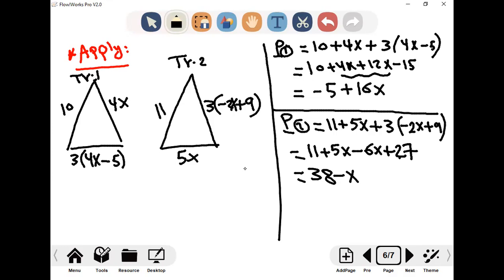Then which triangle has the greater perimeter if x equals 3. If x equals 3, they want us to know which triangle has the greater perimeter. So how do we find perimeter 1? We have x equals 3. What do we do? We replace x by 3.